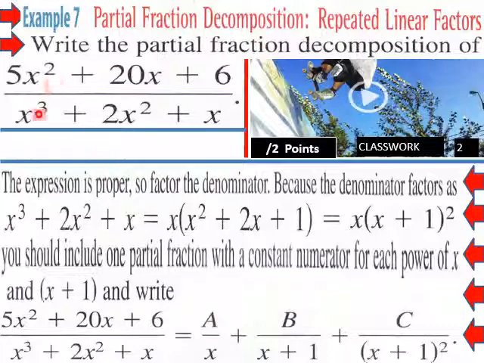Here we have a cubed, so we have 3 constants, A, B, and C. We have A over x, then B and C over x plus 1 and x plus 1 squared. So this is the expression we can start with to decompose this denominator here.